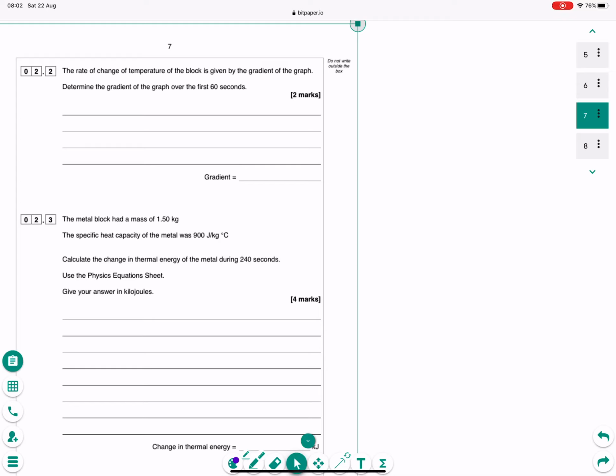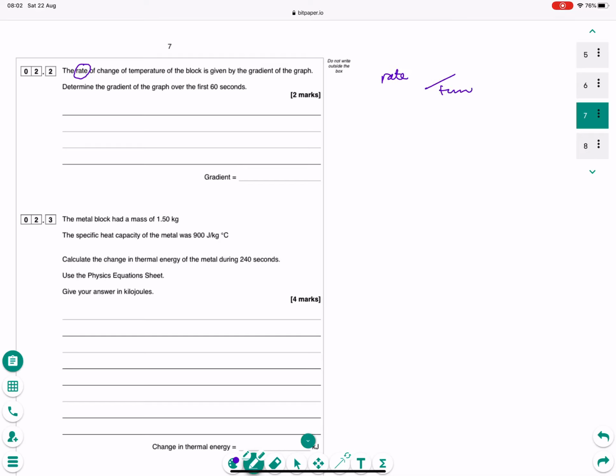Okay, so a rate of change. Any rate is something over time. The rate of change of temperature of the block is given by the gradient of the graph. Determine the gradient of the graph over the first 60 seconds. Okay.